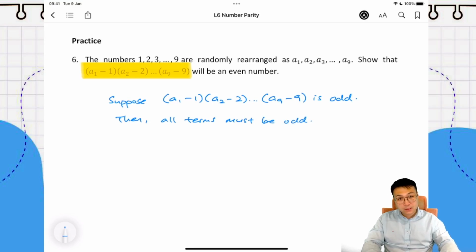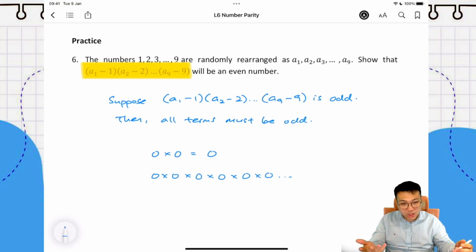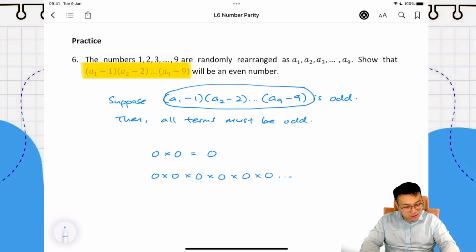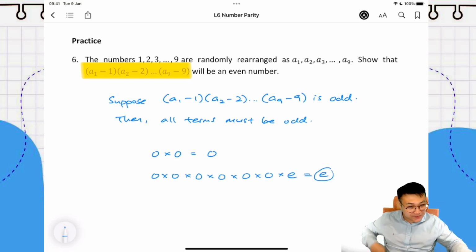Why? Because odd times odd gives me odd. No matter how many odd numbers you multiply together, the answer is always odd. So if this expression is odd, that means all the numbers inside must be odd. The moment you have one even number, that's it. The answer will be even.